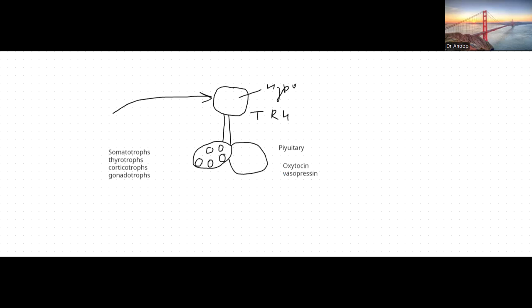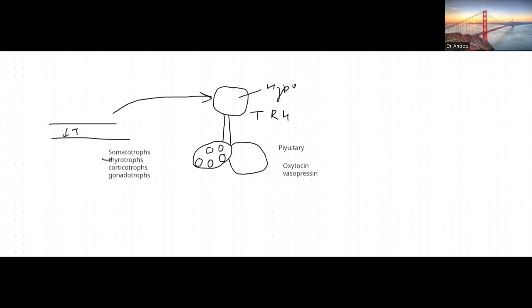As I said, for example, in your body the thyroid hormone level is decreased. In the blood circulation, thyroid hormones like T3 and T4 are decreased. The signal goes to the brain, to the hypothalamus, and in response to the decreased level of thyroid hormone, the hypothalamus releases thyroid releasing hormone, which stimulates thyrotrophs in the anterior pituitary.